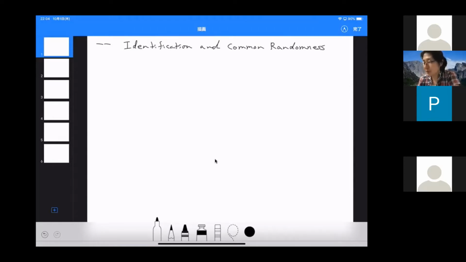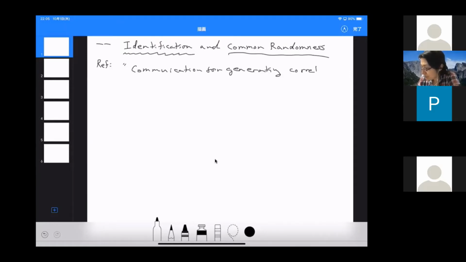So there are some references. Today's talk on the identification problem is based on a bunch of papers, but for the common randomness part, the one reference is kind of an advertisement. This is a recent review paper, "Communication for Generating Correlation: A Unifying Survey".